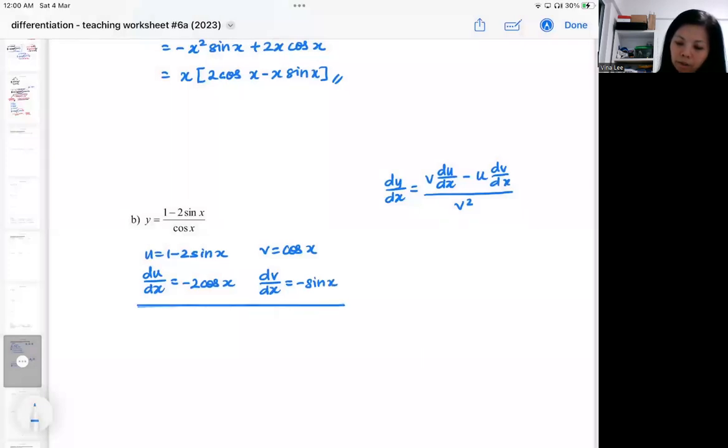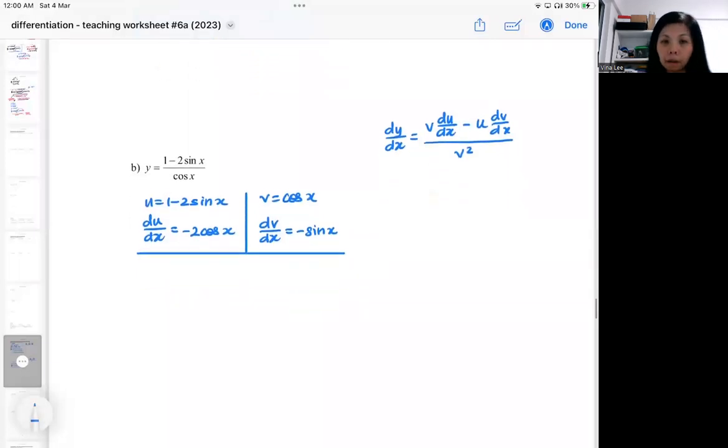So I'm going to combine into my quotient rule. So combine with the v first. So when you combine with the v, you actually get a cosine square. Okay, then you combine the other direction.